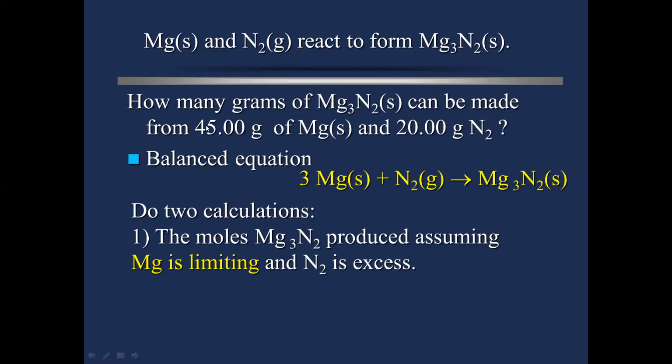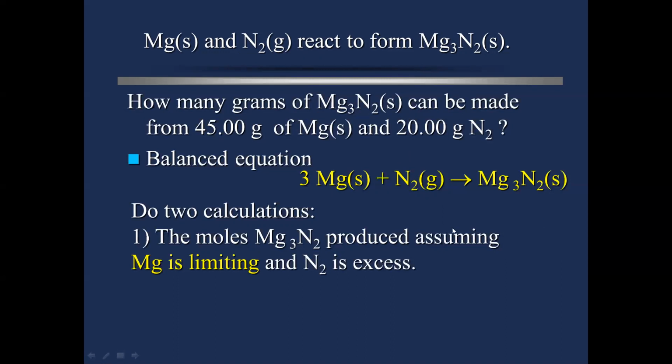That means if you use this one to do the calculation, something could be wrong. Similarly, if I use 20 gram nitrogen, I'm also not certain if the magnesium will be consumed first, which means the reaction will stop earlier.